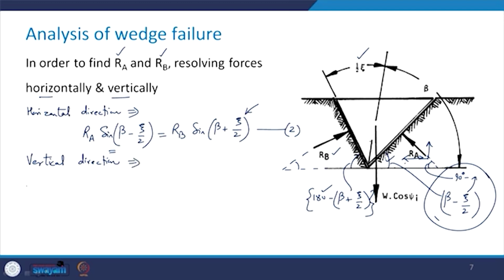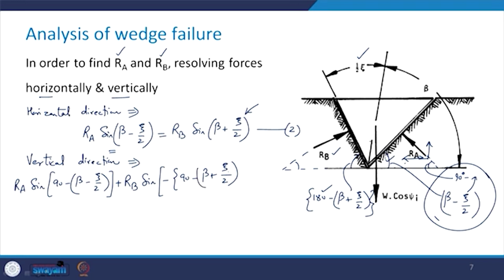Now, if we take the force equilibrium in the vertical direction, this is what we are going to get: RA sine of 90 minus beta minus zeta by 2 plus RB into sine of minus 90 minus beta plus zeta by 2.